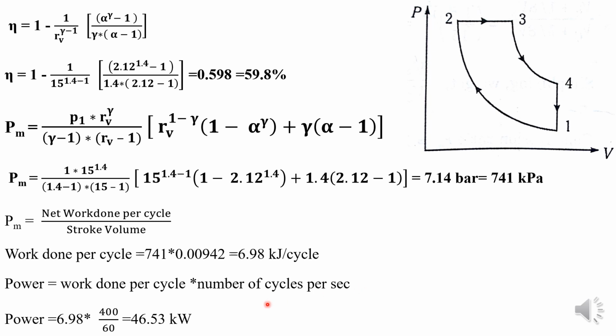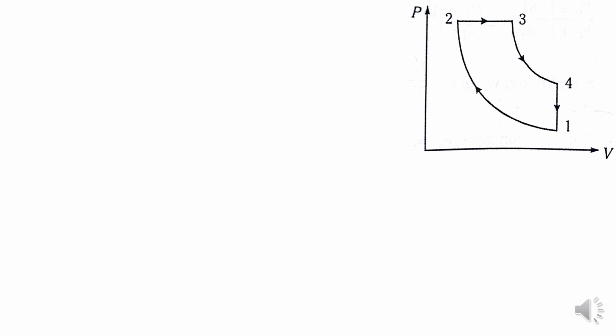Next, the only remaining thing is pressure and temperature at the salient points. Next find T2. In a similar way you need to find T2, P2, T3, P3, T4, P4. T2 you have to find in terms of Kelvin only.